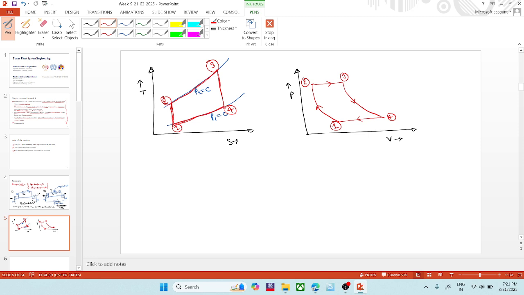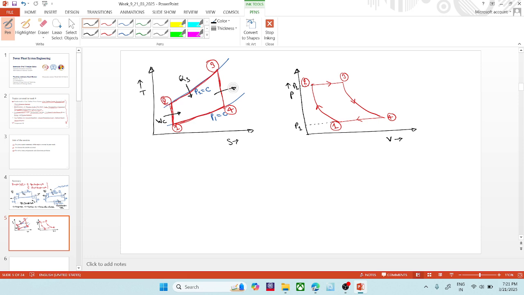Okay, so here, as we have said, this is the constant pressure line P1, and this is the constant pressure line P2. From point 1 to 2, the compressor work WC will be consumed. Here, the heat QS supplied would be in the combustion chamber.